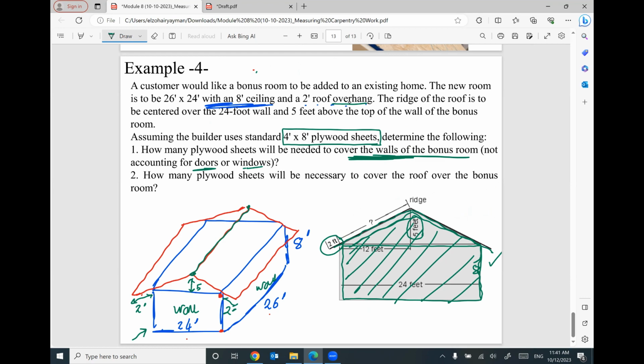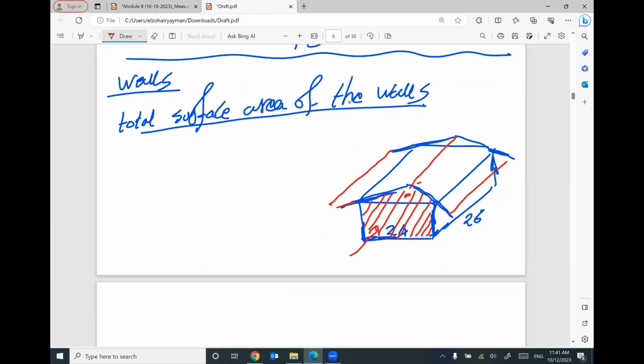Does that make sense? So the area of this wall, area 1, will be 24 by 8, because this side is 24 and this height is 8. I need to add 1/2 times 24 times 5. You said it's a triangle.